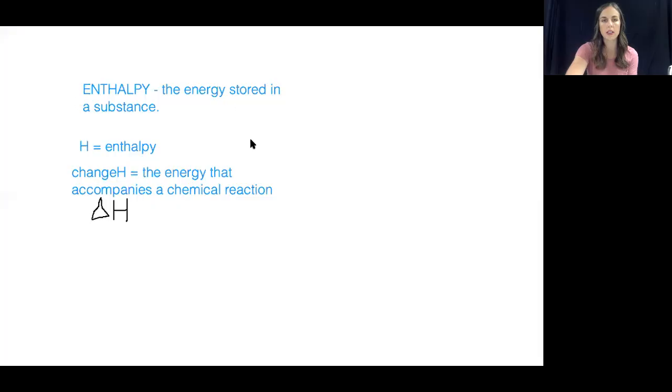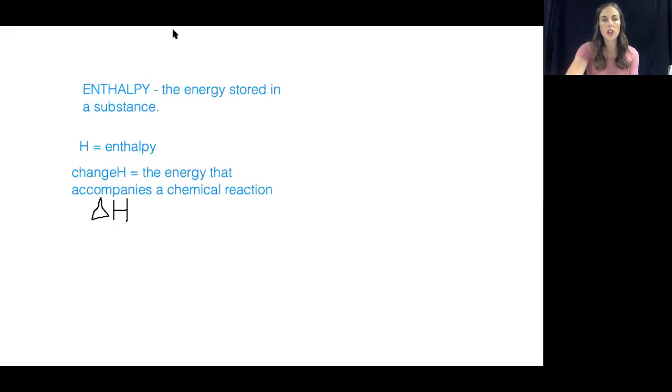All right, so like we talked about before, since change in enthalpy is going to be associated with energy, we're going to use an energy unit. Like we talked about last module, there are two energy units. If you're taking notes, this might help you.